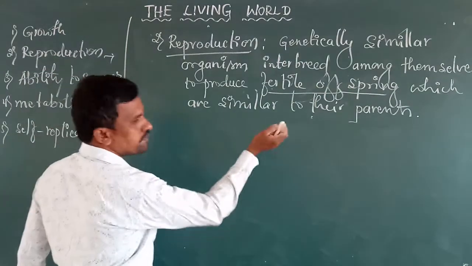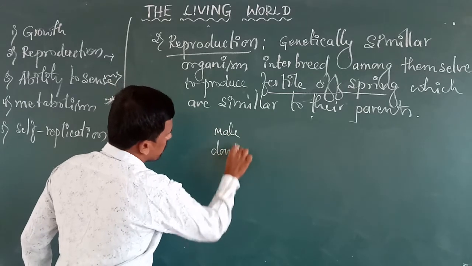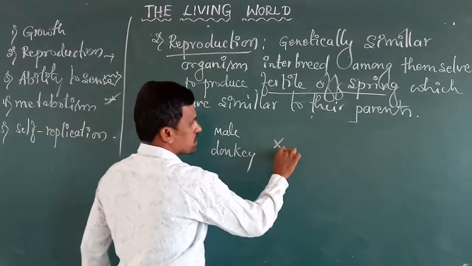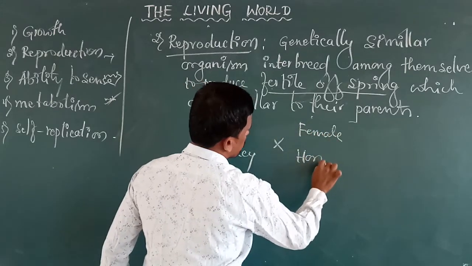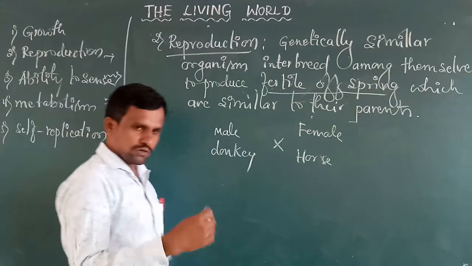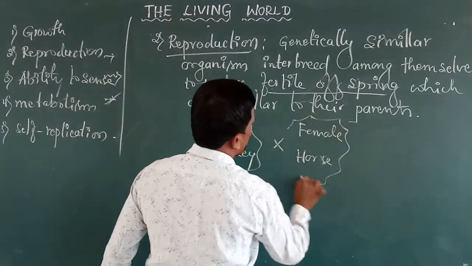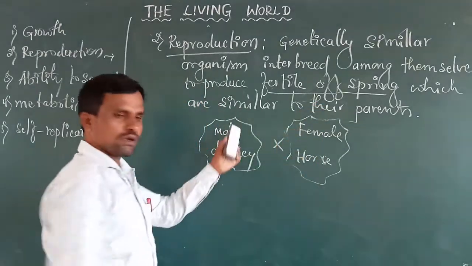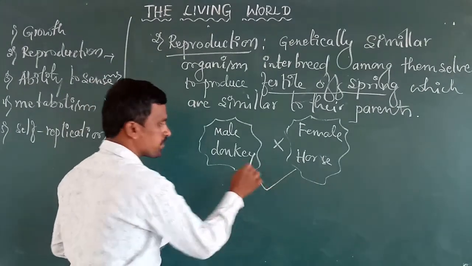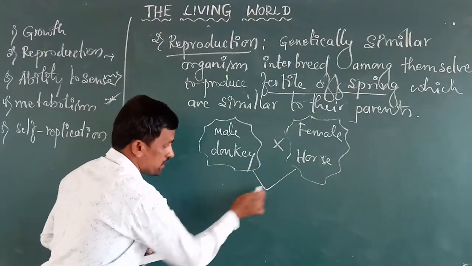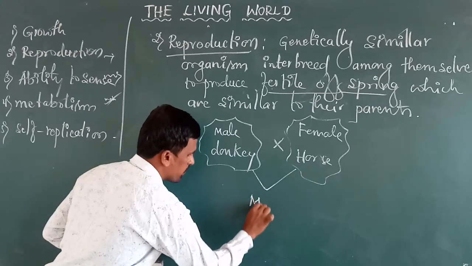For example, a male donkey crossed with a female horse produces another hybrid called a mule.